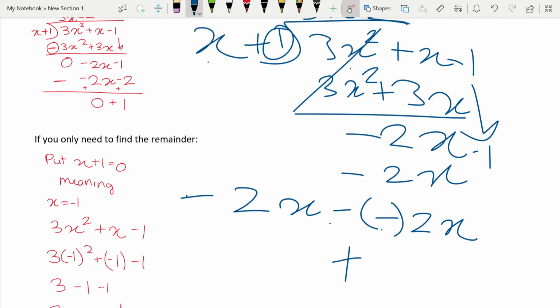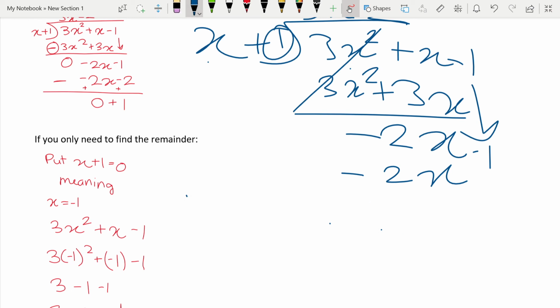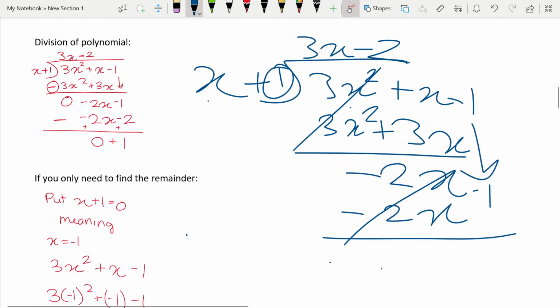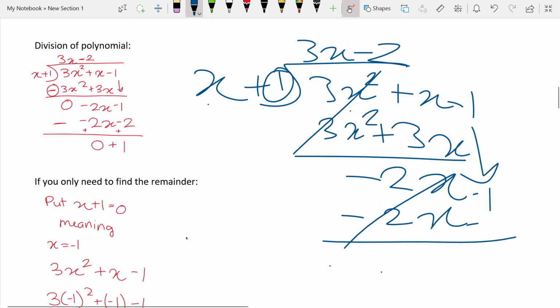So that will be minus 2x plus 2x, and they are cancelled. And what have we got? Now 1 times minus 2 is minus 2. Sorry, so it will be plus 1 here, because minus 1 plus 2 is going to be plus 1. Let's move on.